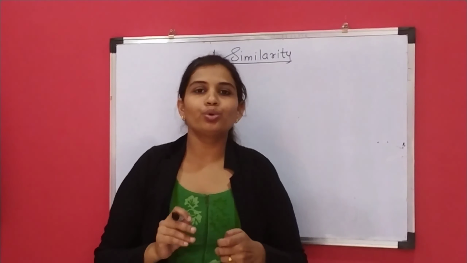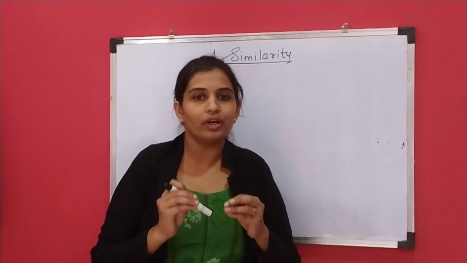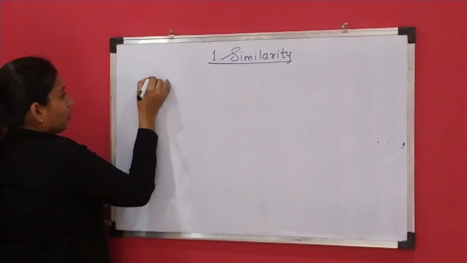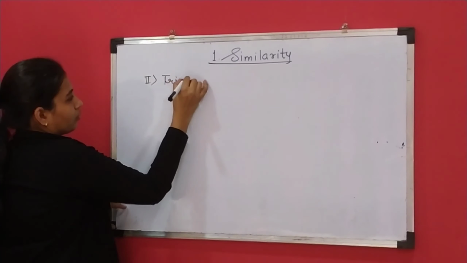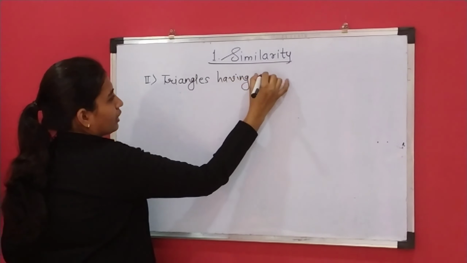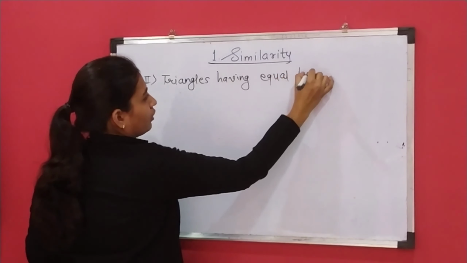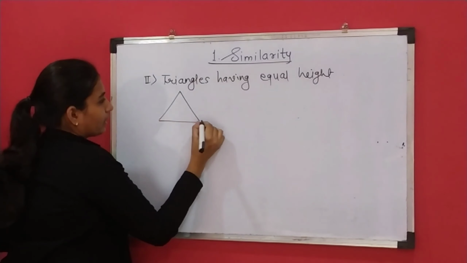If two triangles have common height, or the same or equal heights, students, we will take another two triangles.